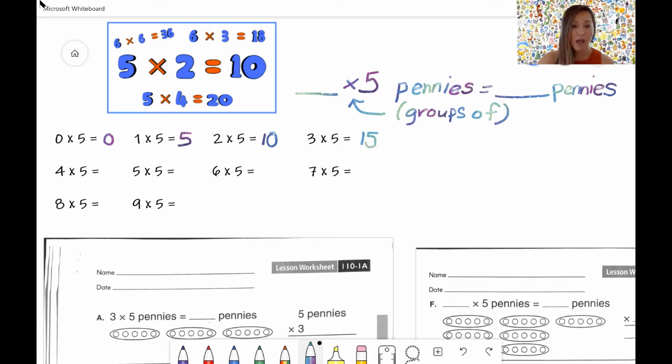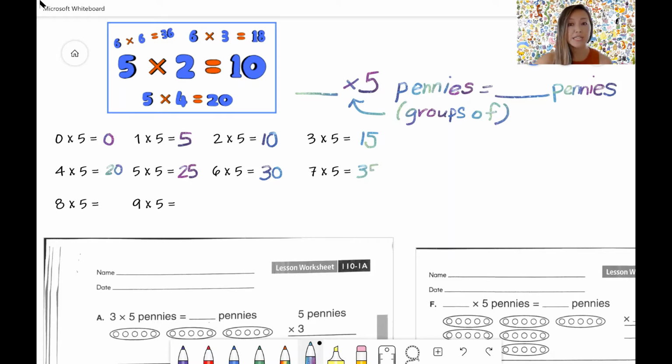4 times 5 is just 4 groups of 5, which gives you 20. 5 times 5 means there's 5 groups of 5, which gives you 25. 6 times 5 is 6 groups of 5, which gives you 30. 7 times 5 is 7 groups of 5, which gives you 35.